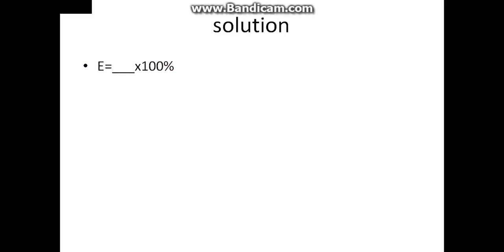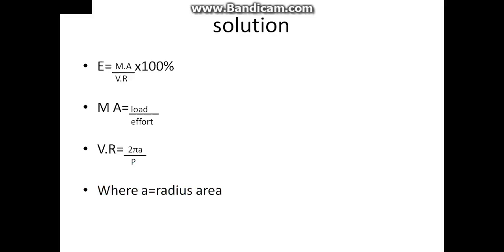Solution. Efficiency is equal to mechanical advantage over velocity ratio times 100%. Mechanical advantage is equal to load over effort. Velocity ratio is equal to 2 pi a over p, where a is the radius and p is the distance of the pitch.